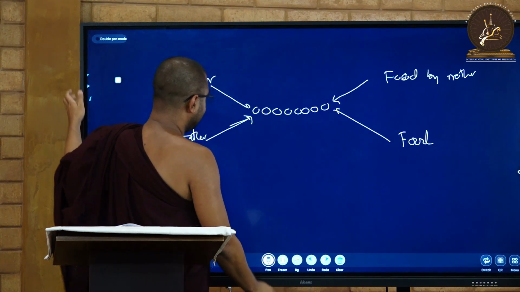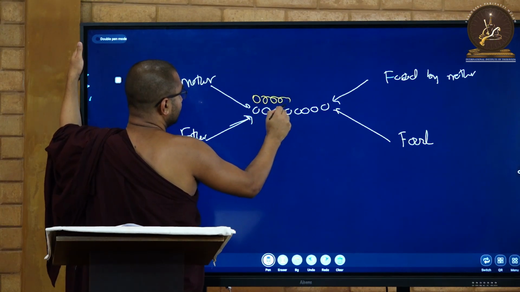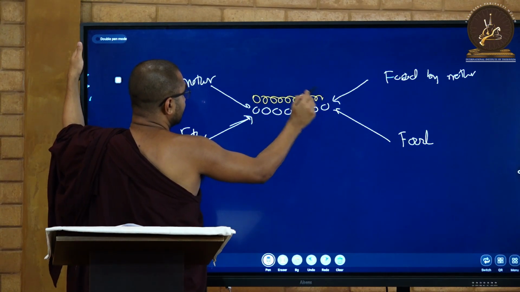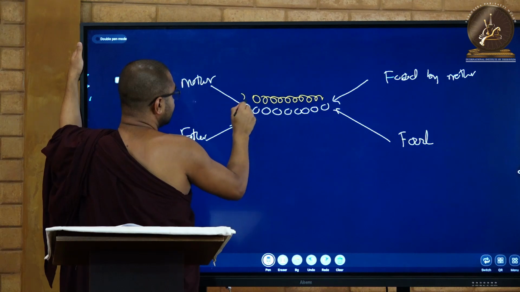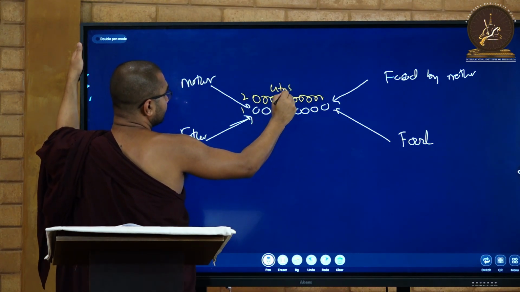Right? And these Rupas produce another generation. This is the first one, second one, both of them are called Utusamuttana.